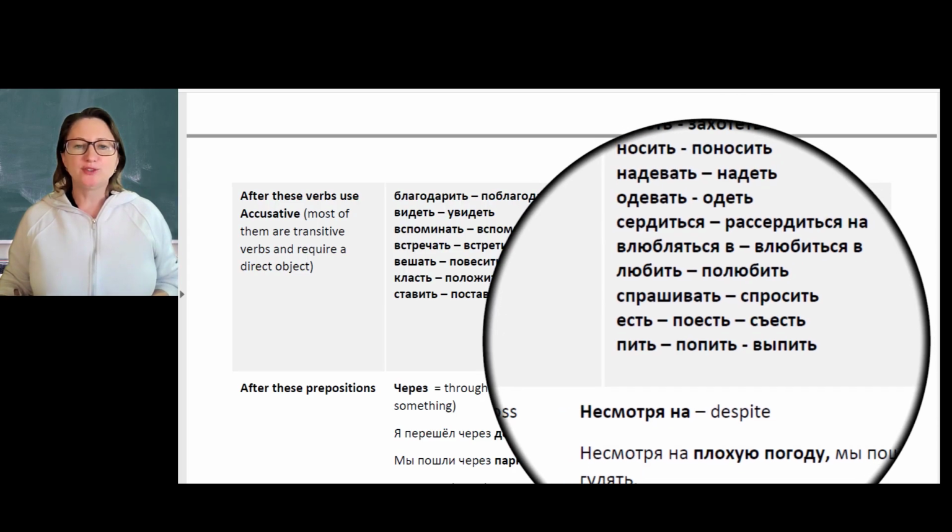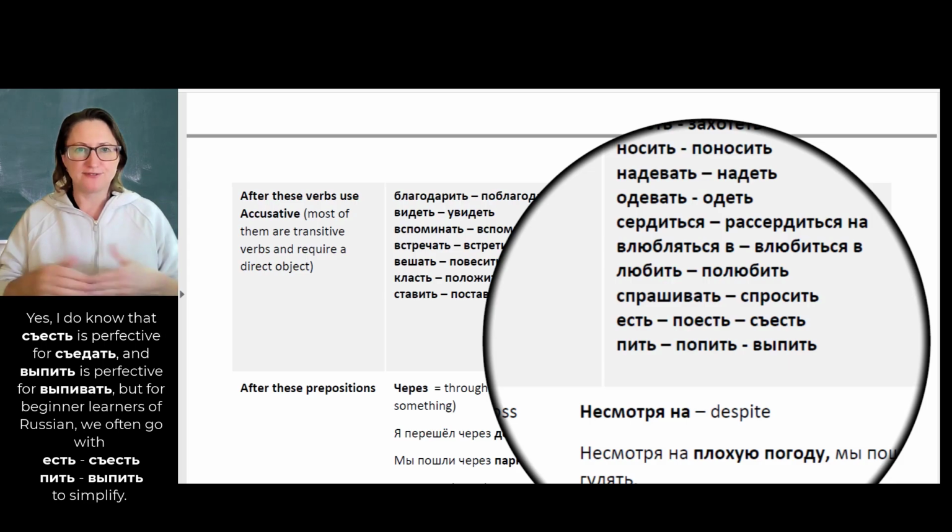And then finally, we have 2 sets of verbs, to eat and to drink. And remember how I said that usually each English verb has 2 versions of the Russian verb, one imperfective, and another one perfective, and sometimes more. Sometimes we have more perfective forms than just one. So here we can see есть, поесть, съесть, all mean to eat, and пить, попить, выпить all mean to drink.